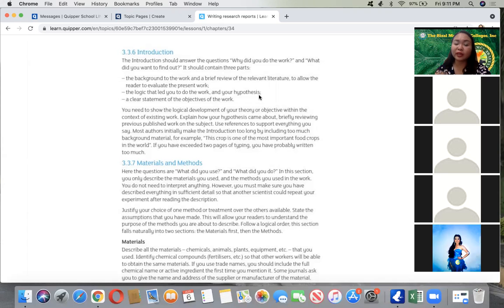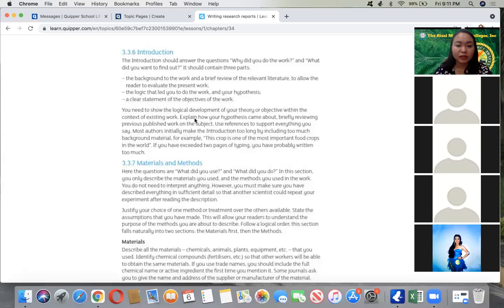Maybe if you apply more fertilizer, not only will the yield increase, but also its resistance to pests and diseases. And then the clear statement of the objectives of the work: therefore, this study is conducted to test the efficacy of this and that.